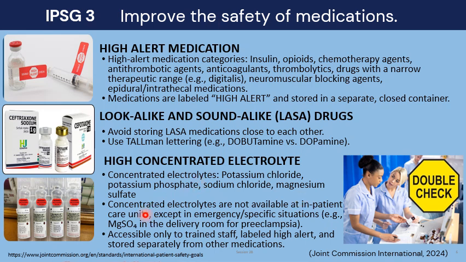For example, MgSO4 is for the delivery room for preeclampsia, so you have to have this one dripping. But this also needs to be very careful, because it can cause a problem in your vein. You will have burning because it's too strong, and that's why you have to really make sure that they are being administered nicely and rightly.